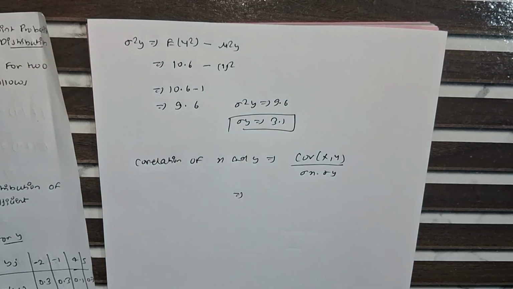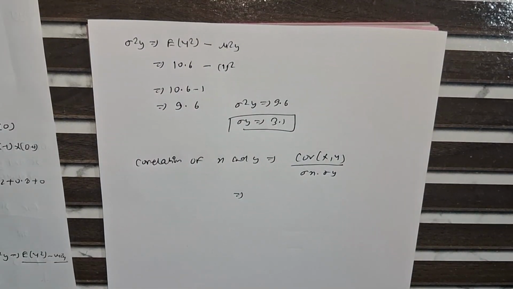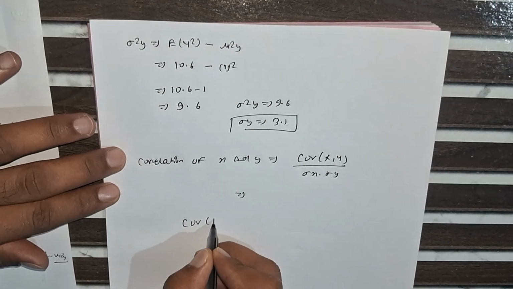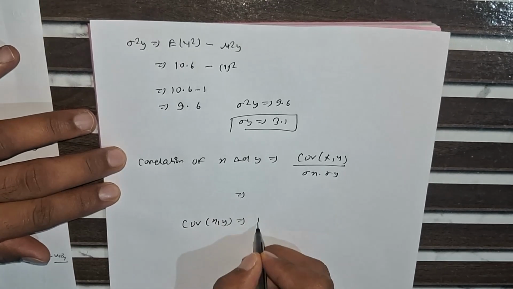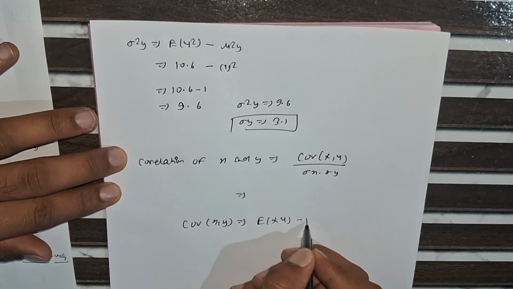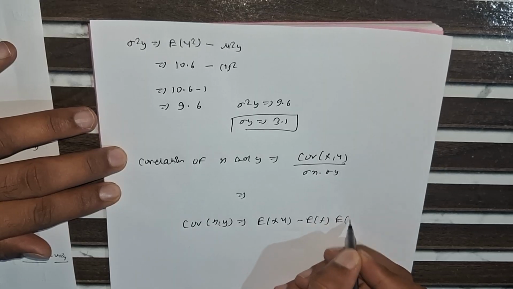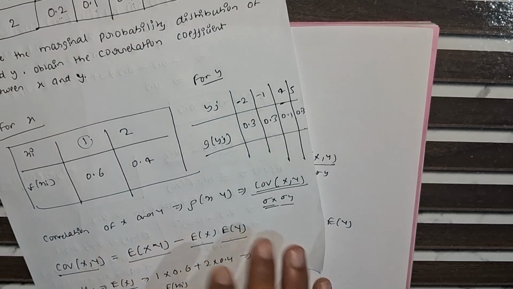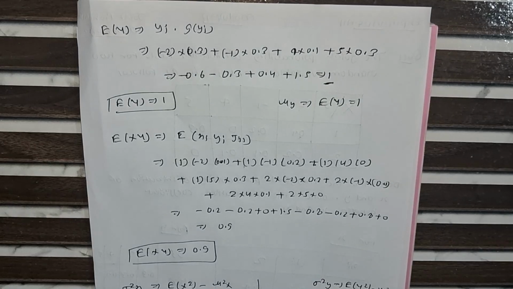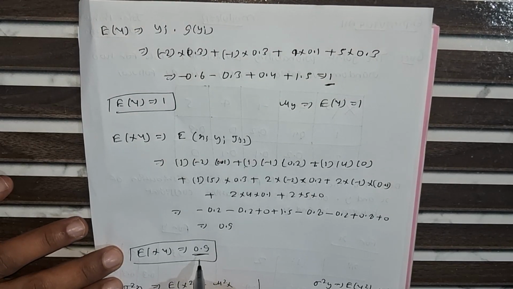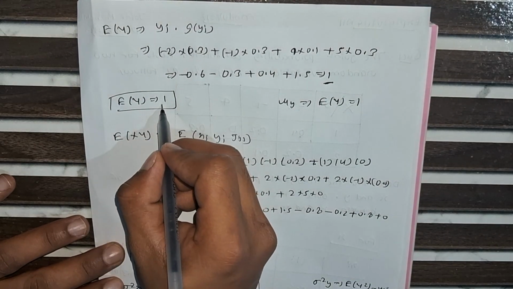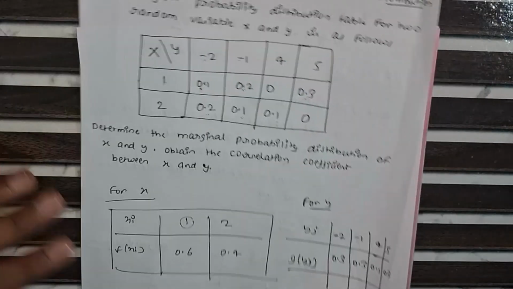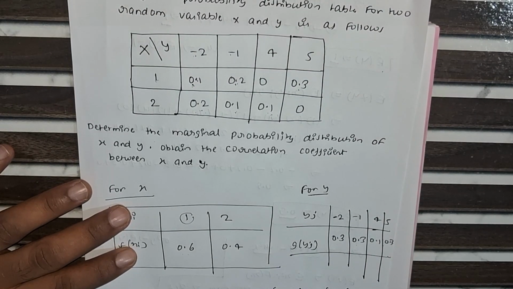So what is the value of covariance of x and y? Covariance of xy is expectation of x into y minus expectation of x into expectation of y. Expectation of xy is 0.9, expectation of y is equal to 1, and expectation of x is equal to 1.4.